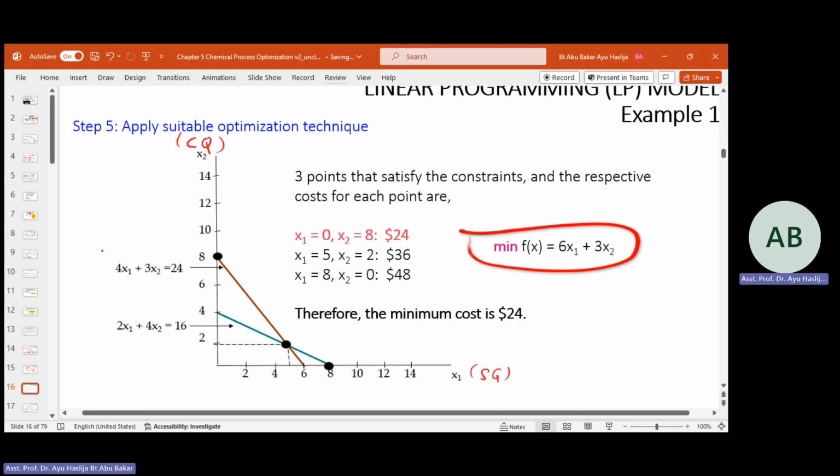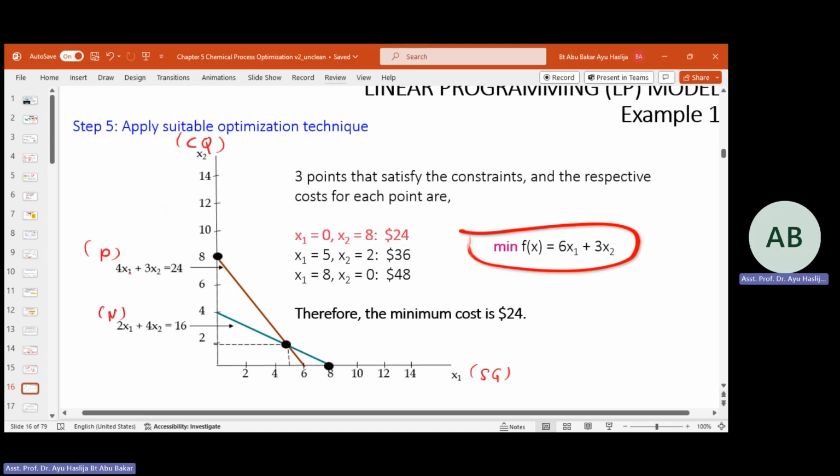This is for phosphate. This one is for nitrogen. Okay, so we plot, we find the points. For P, look at the P first.